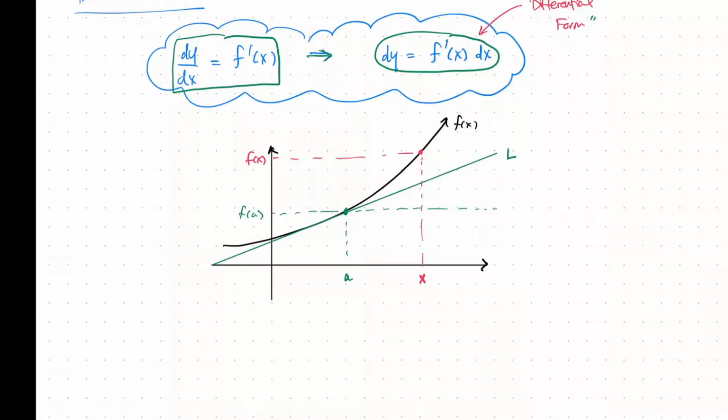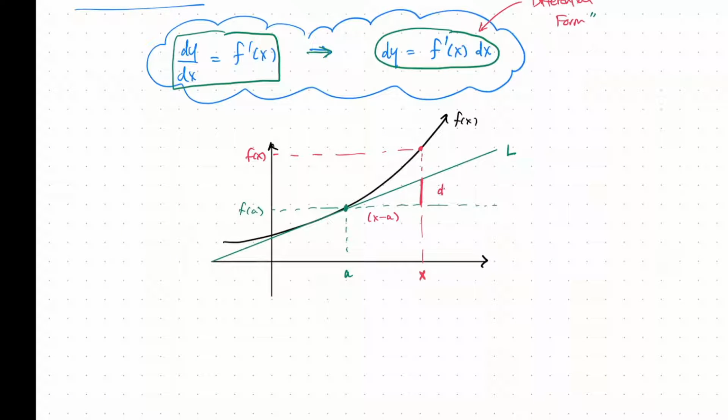And then these 2 points out here, a distance of x minus a away, this difference from the actual value of f of a to the point on the tangent line, this is what's given by dy, right? Because this is the slope of the tangent line over some dx.